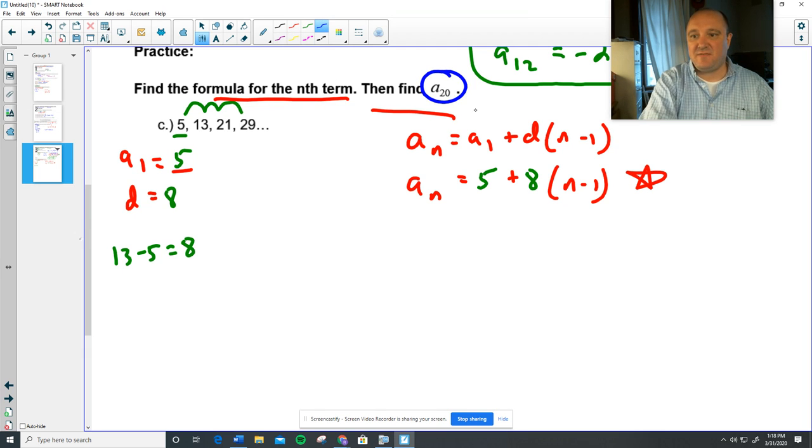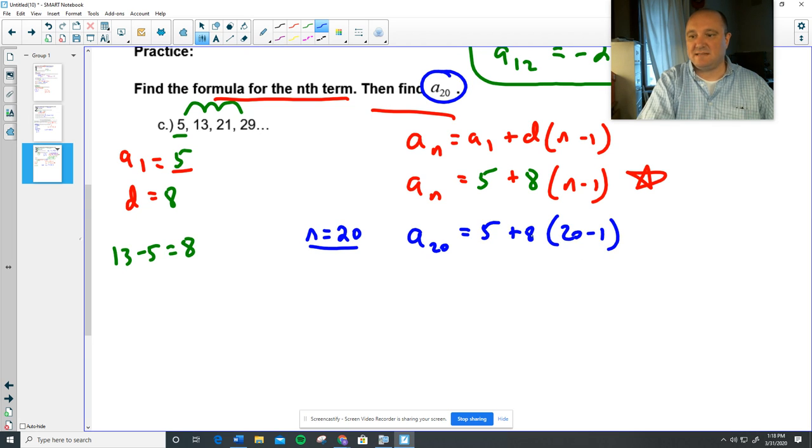But now it says find a sub 20. What does a sub 20 mean? Oh yeah, that little number, that subscript, means the 20th term. So if I'm trying to find a sub 20, they're telling me that n, the number of the term, equals 20. So I plug in 20 for n. 5 plus 8 times the quantity 20 minus 1.